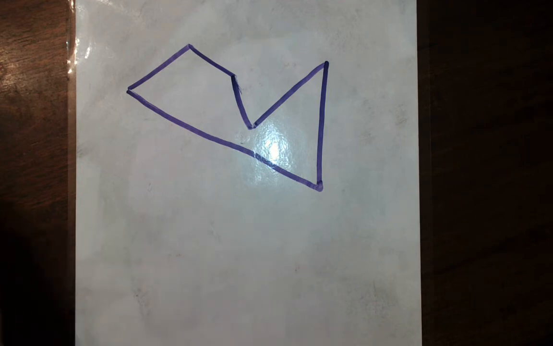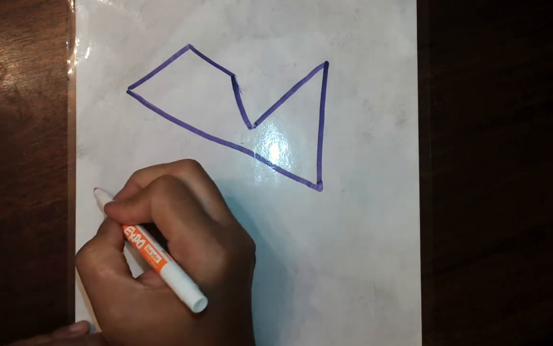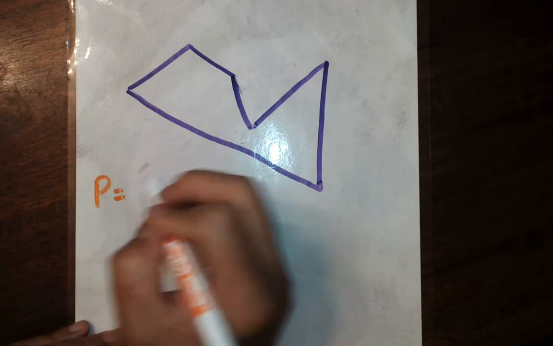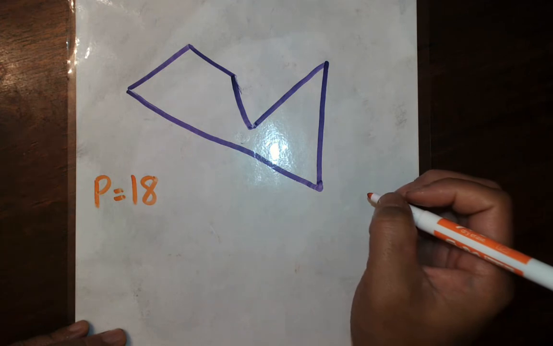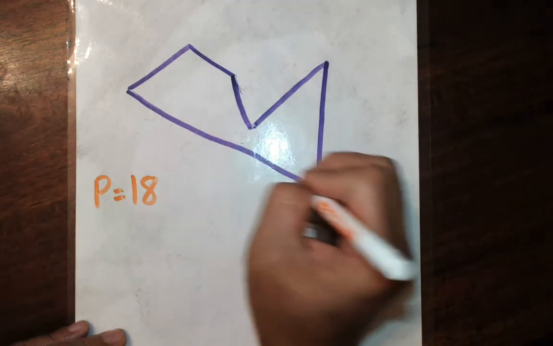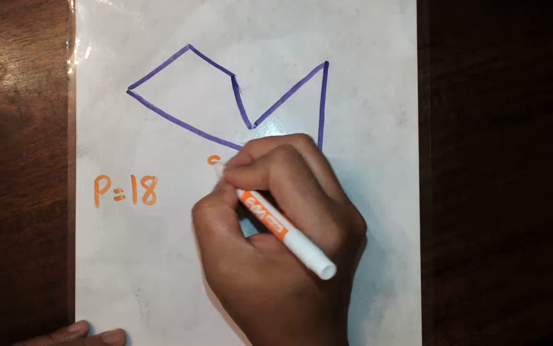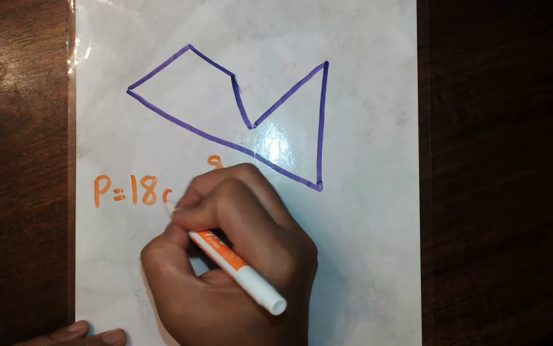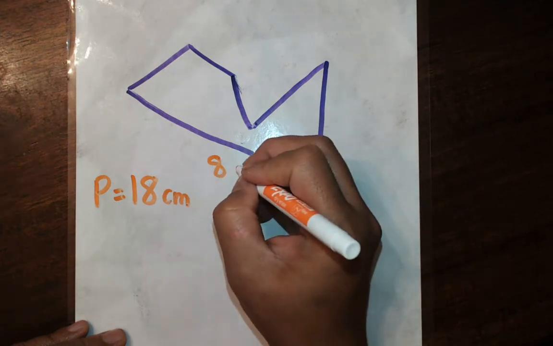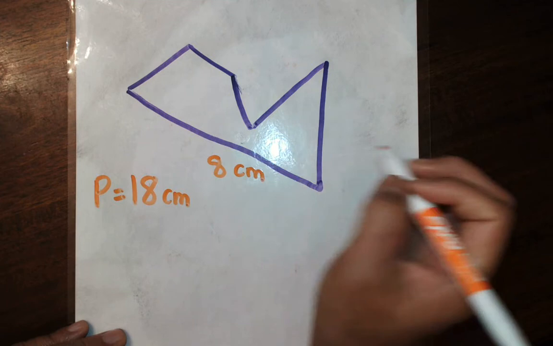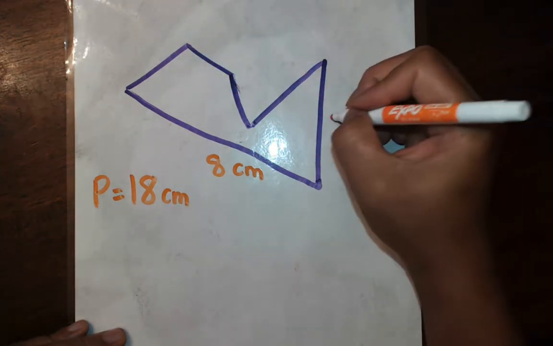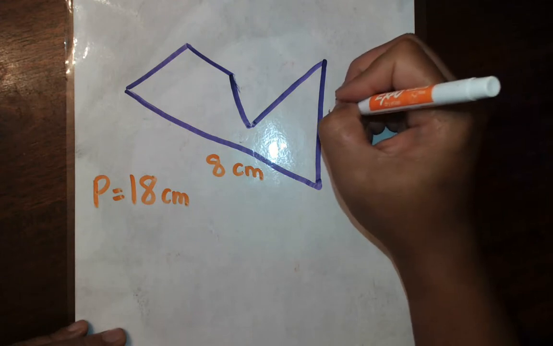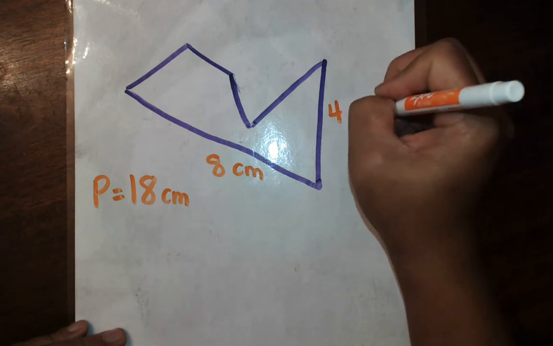If I told you that the perimeter equals 18, and the longest side of your shape is 18 centimeters, and this side is 8 centimeters, and this side is 4 centimeters.